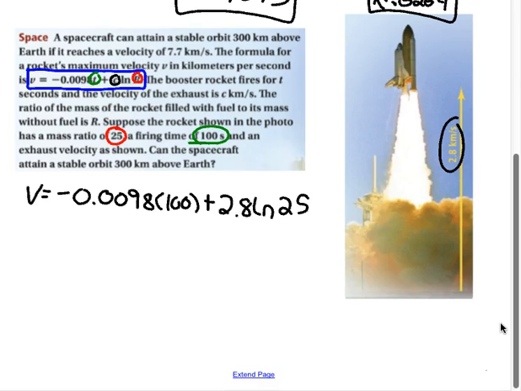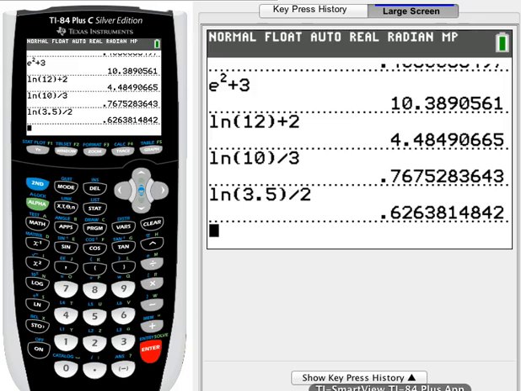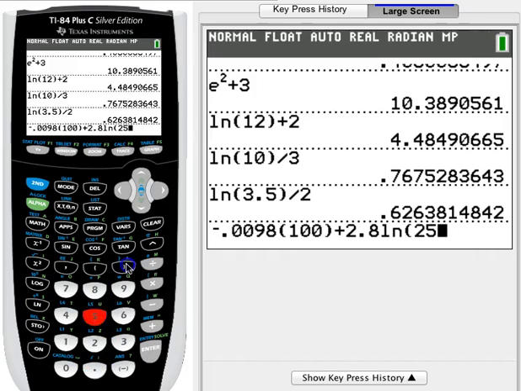All right, so when I plug in each number to the place that I identify as it needs to go, now we can merely plug that into the calculator. Okay, so negative 0.0098 times 100 plus 2.8 ln 25.